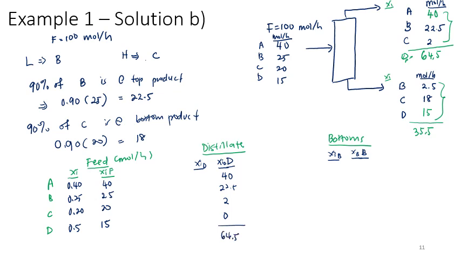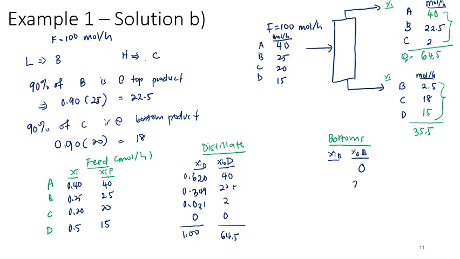So you can calculate the mole fraction. I'm sure you know how to do this, so I'm just going to give you the numbers here: 0.62, 0.349, 0.031, and 0 for component D. So this will give you a total of 1. As for the flow rate in the bottom, there is no component A, so it's 0.